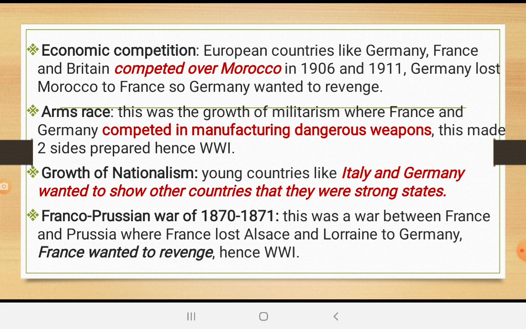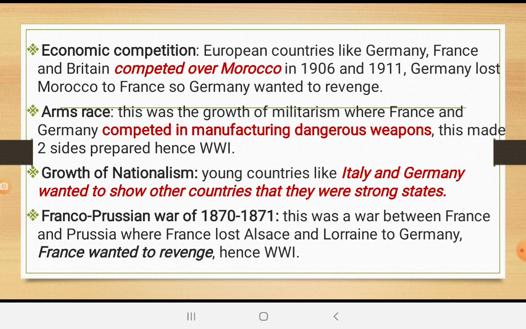This competition made both sides prepared to the teeth. Hence, the First World War. They joined this war because they analyzed that they were ready according to the troops and the weapons, so they decided to fight as they found themselves prepared for this war.